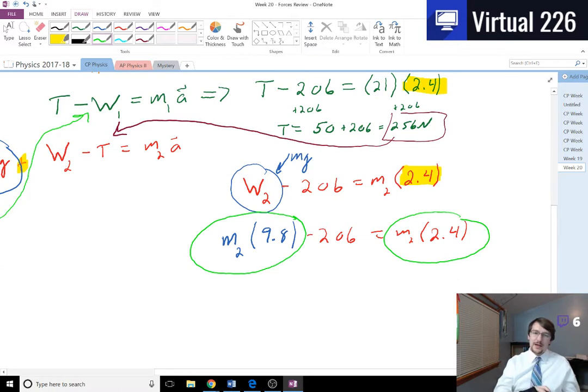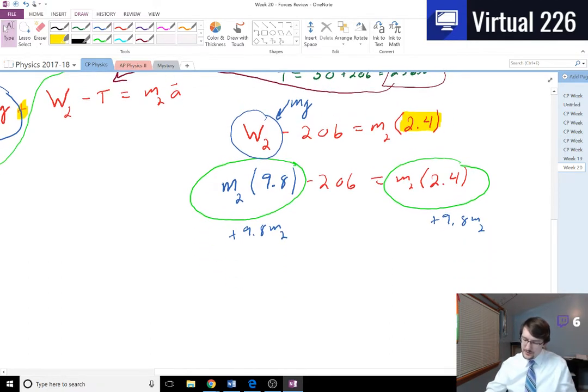Both are a mass multiplied by an acceleration. So what we can do here is add the 9.8 times the mass to each side. Remember, even though the m's coming before the 9.8, you can flip them. It's just where you'd like to place your variable.